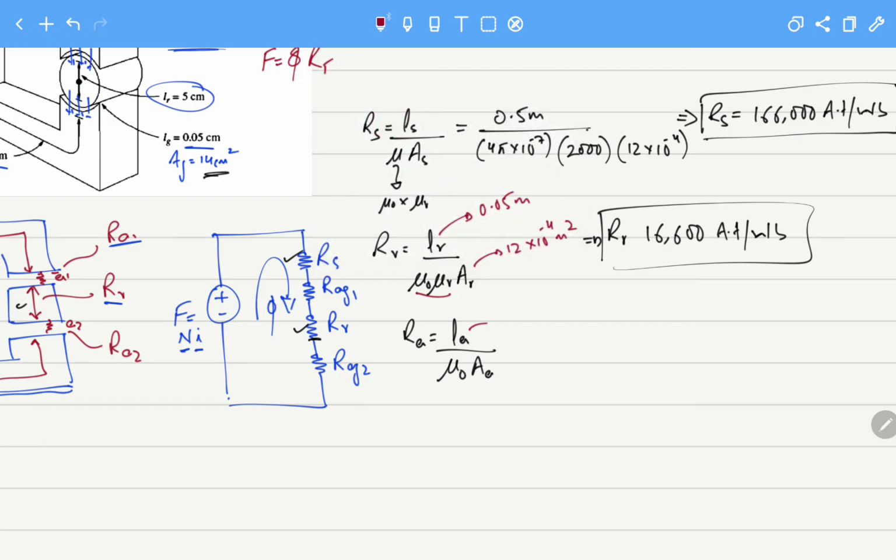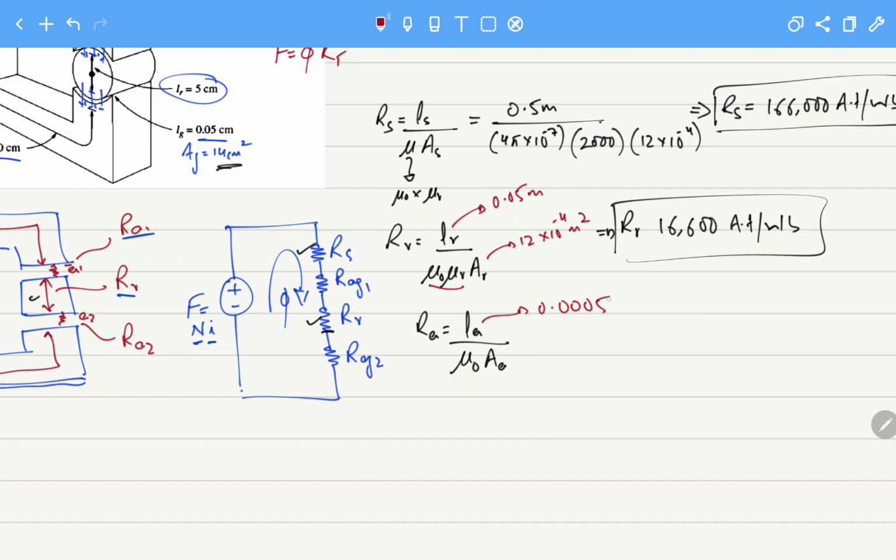Length of the air gap is 0.0005 meters, as it was 0.05 centimeters, and the area is 14 into 10 raised to power minus 4 meters square. Mu naught we know the value. So for one air gap we will have 284,000 ampere turns per Weber.